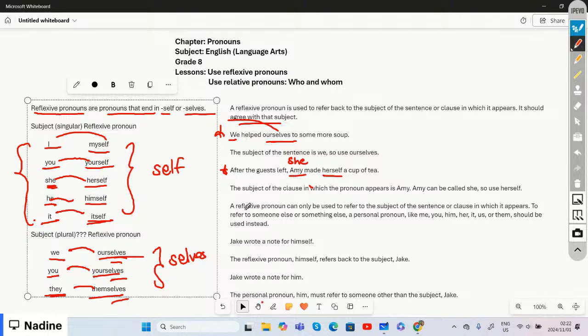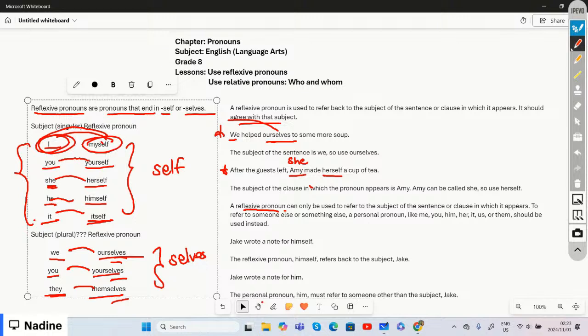A reflexive pronoun can only be used to refer to the subject, or the clause in which it appears.